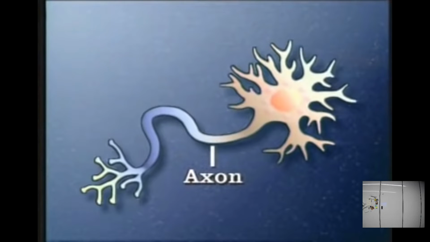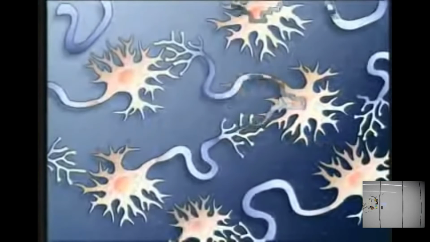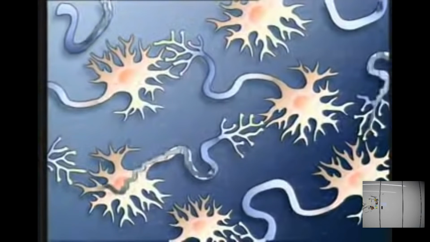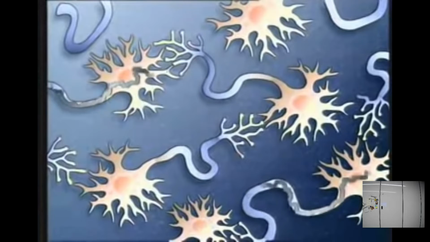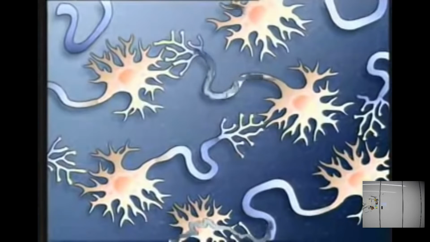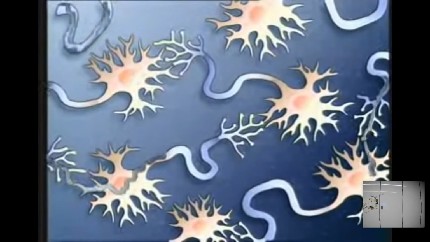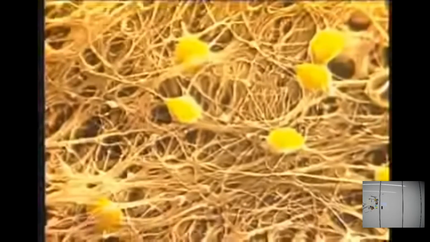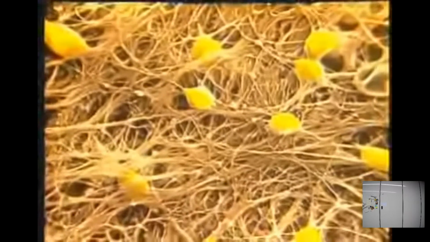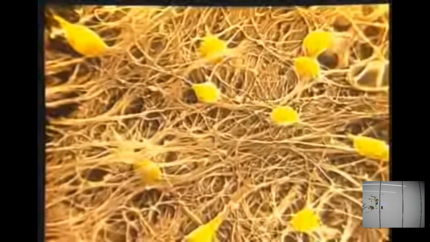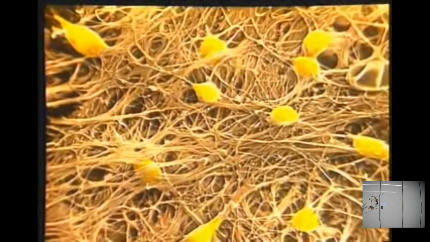In some cells, the axon is very long, up to 3 feet. Signals race from the dendrite of one cell through the cell body and along the axon. At the end of the axon, the signal is picked up by the dendrite of another nerve cell. Together, the billions of nerve cells in the body form an intricate communications network that makes possible our thoughts and senses.